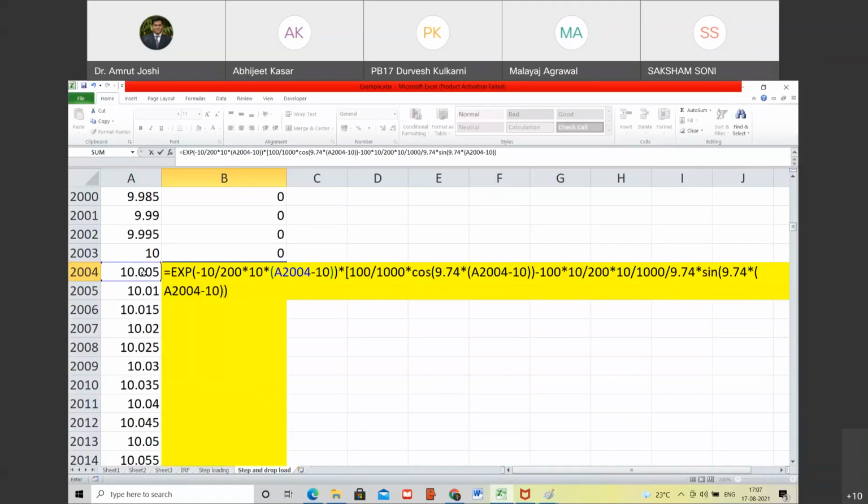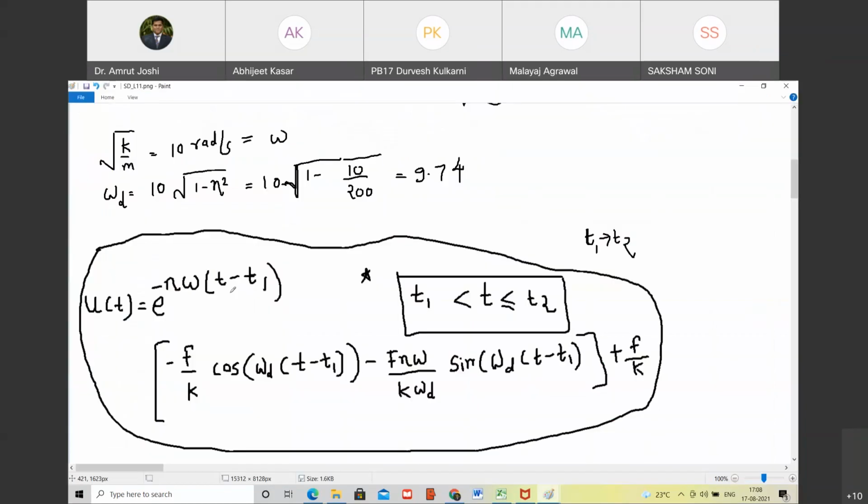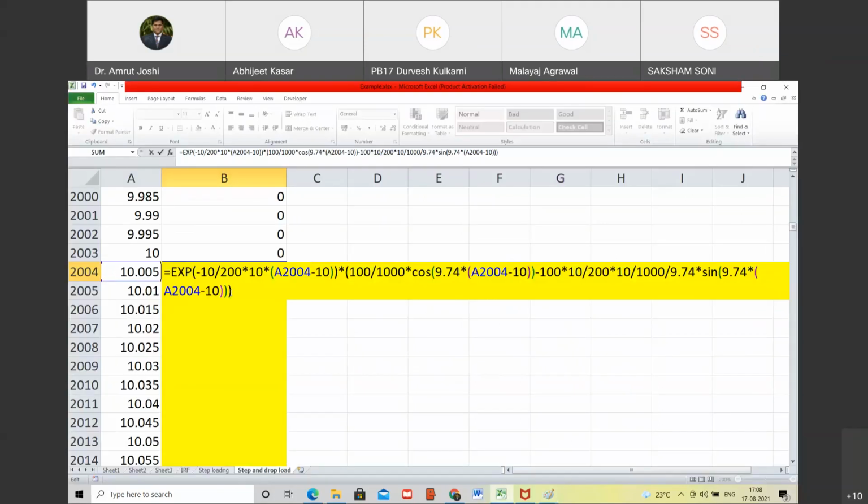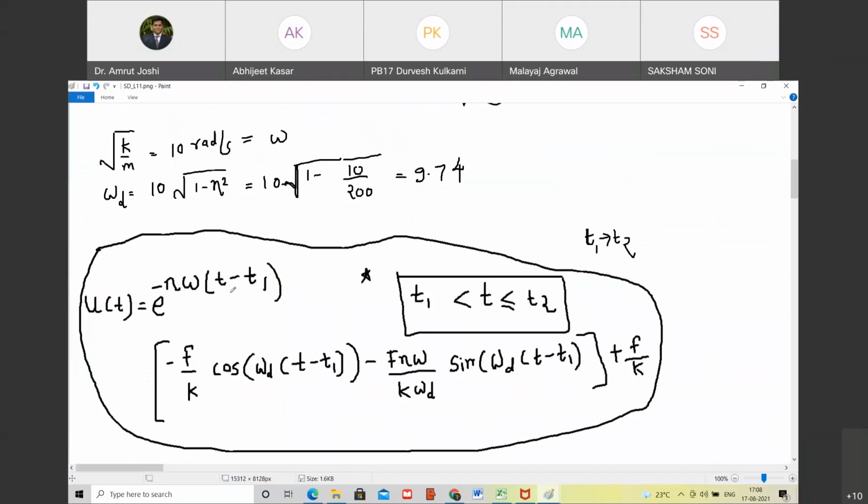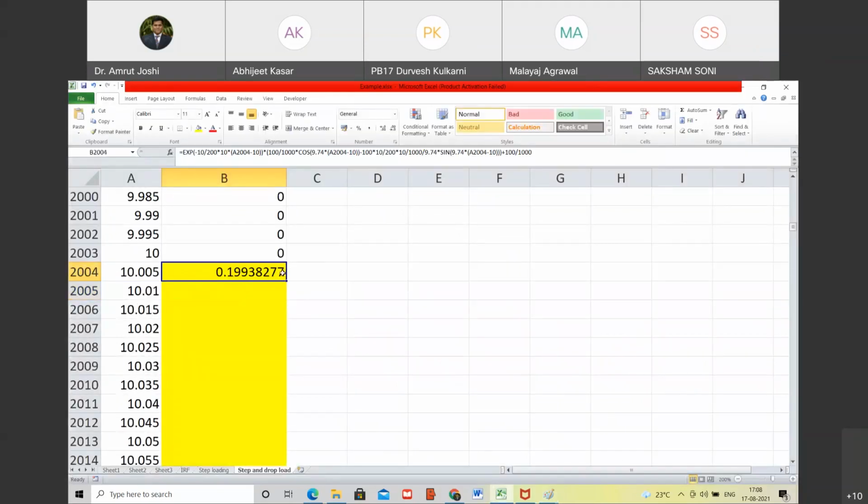This completes the second bracket. I hope I have closed all the brackets correctly. Yes. Done. And then plus f by k, so plus f is 100, k is 1000. That's what I'm going to write.